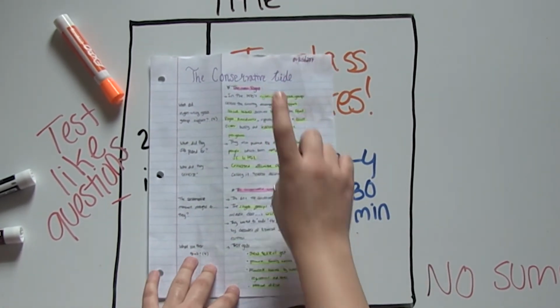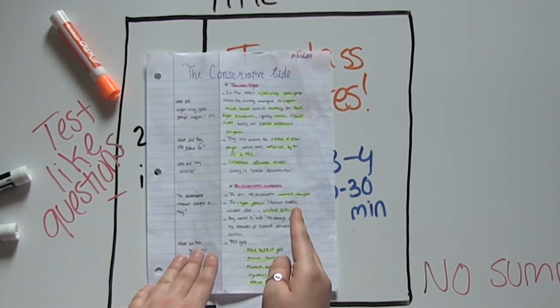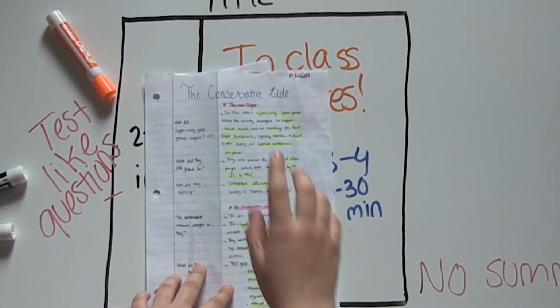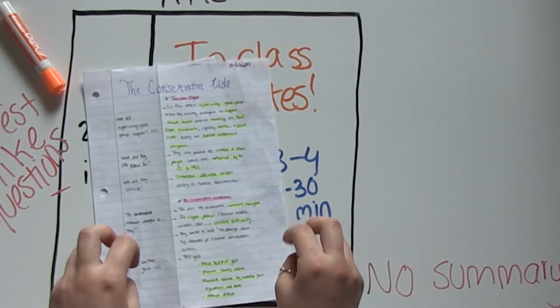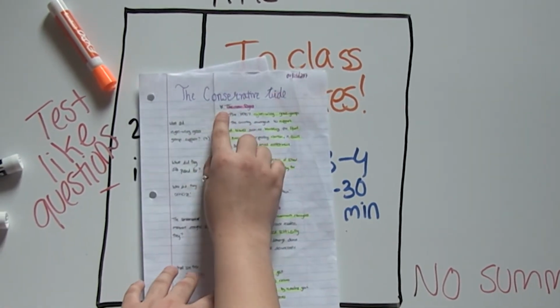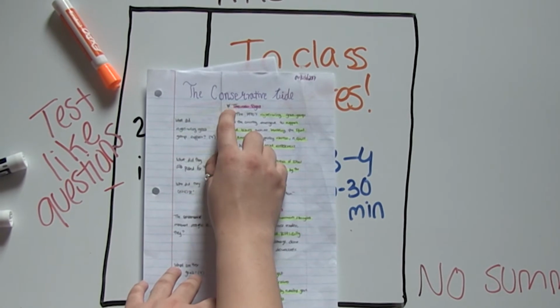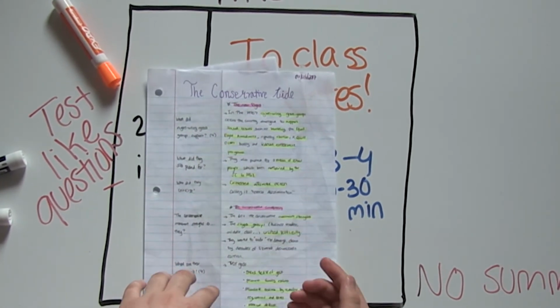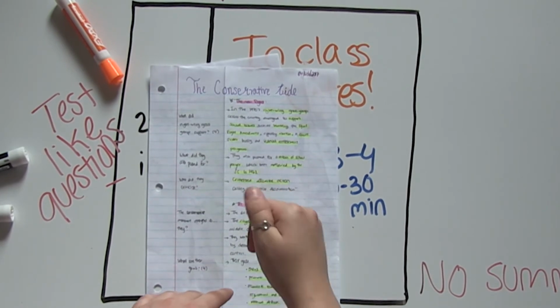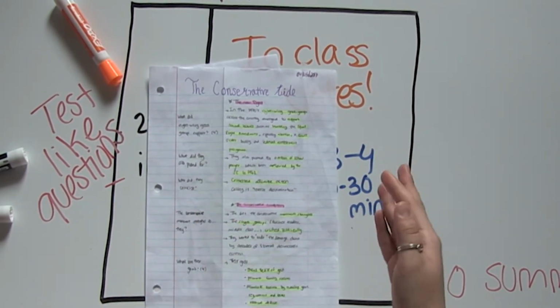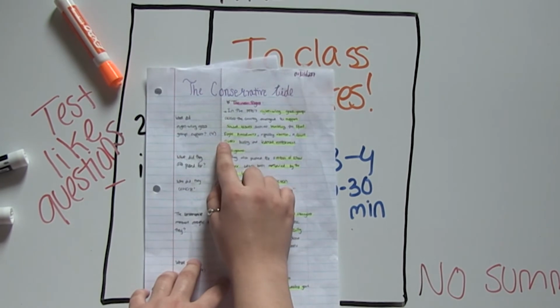These notes, as I remember, are from a PowerPoint. My teacher has a title for each PowerPoint or each section, and I write that with a star next to it and a different highlighter. Then for every bullet point that he makes or the PowerPoint says, I put an arrow.